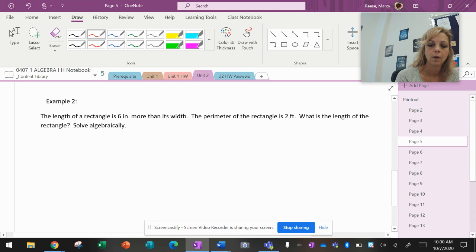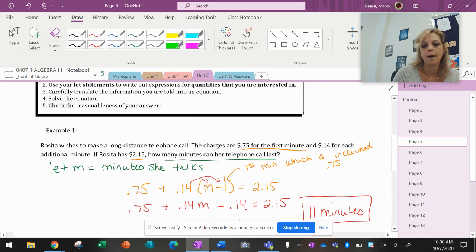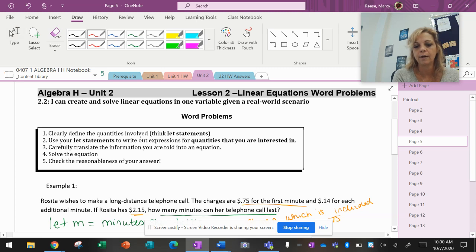All right. So it says, what is the length of the rectangle? And notice they compare the length to the width. So that's why I said we got to start with let W equal width. All right. Now, clearly define the quantities involved, the let statements.